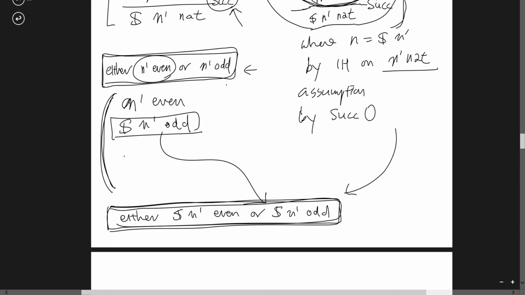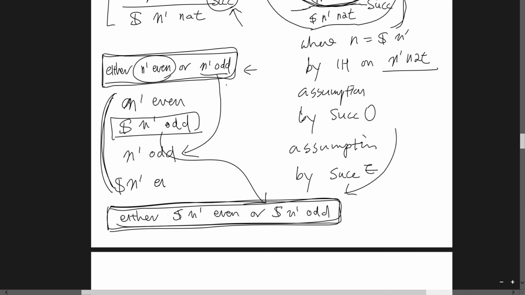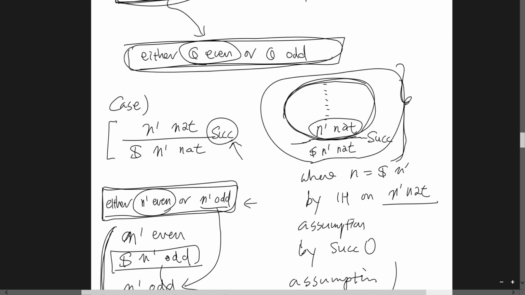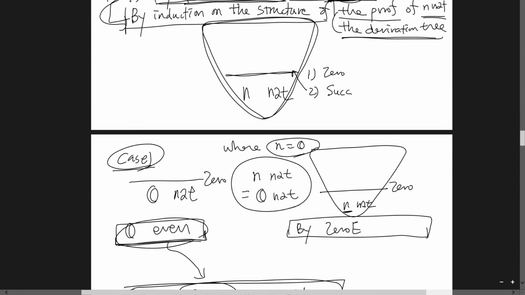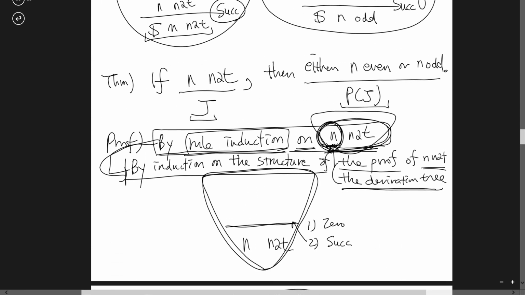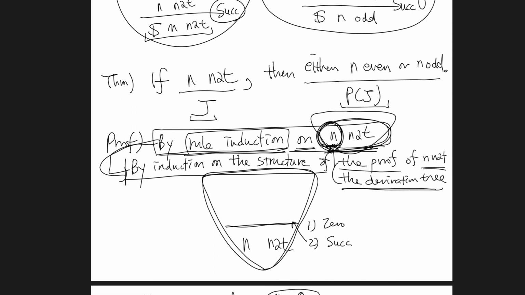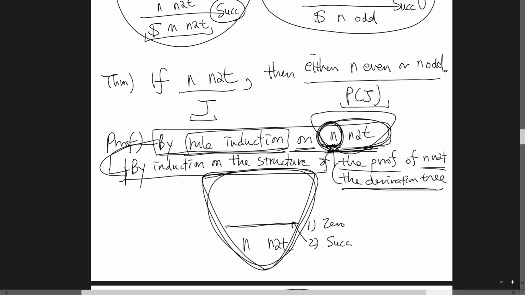So suppose that n prime odd from here, then this is assumption. Then by applying successor even, we can have successor n prime even. So whichever branch we take, we can always produce the desired goal, this one. So that's how rule induction proceeds. The key point here is rule induction analyzes the structure of this derivation tree. That's the key idea.